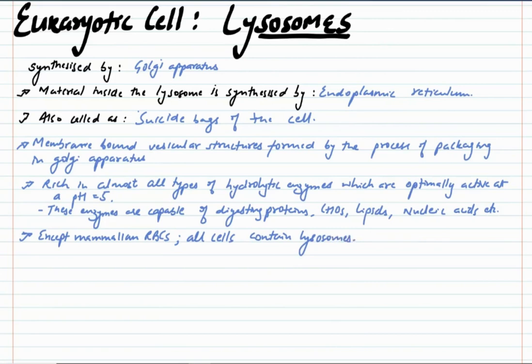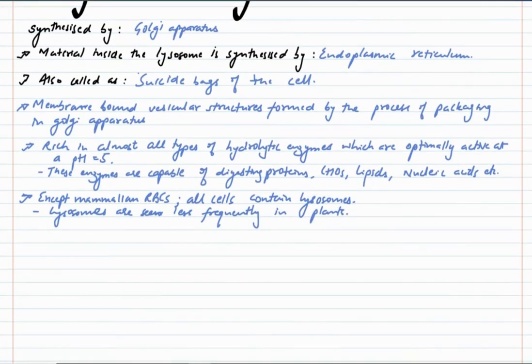So except mammalian RBC, all the cells contain lysosomes in animals. These lysosomes are seen less frequently in plants.